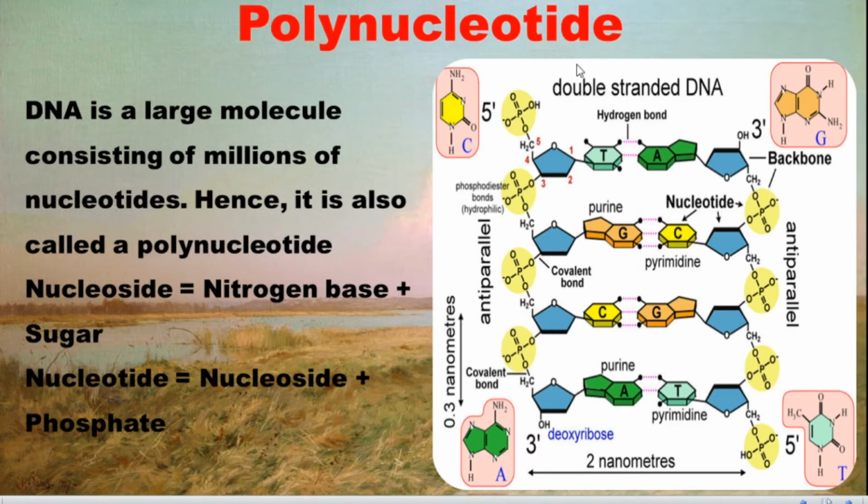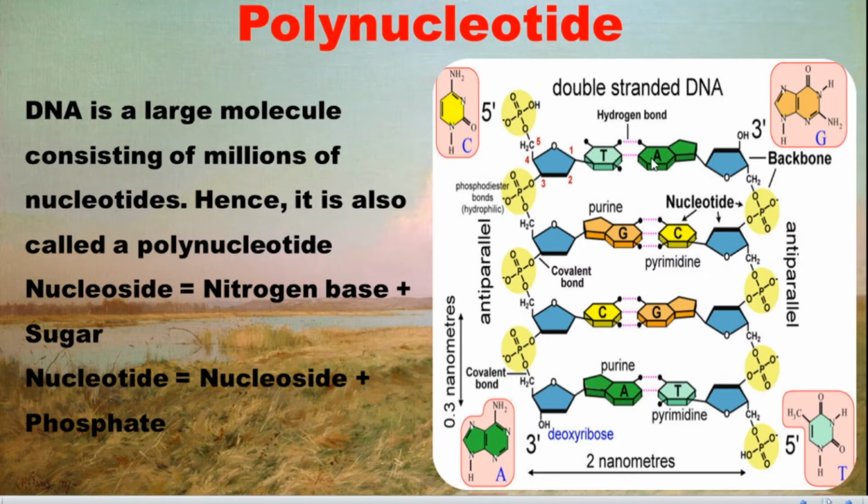What are they? Nitrogen bases, sugar and phosphate. These three of them are called nucleotides.